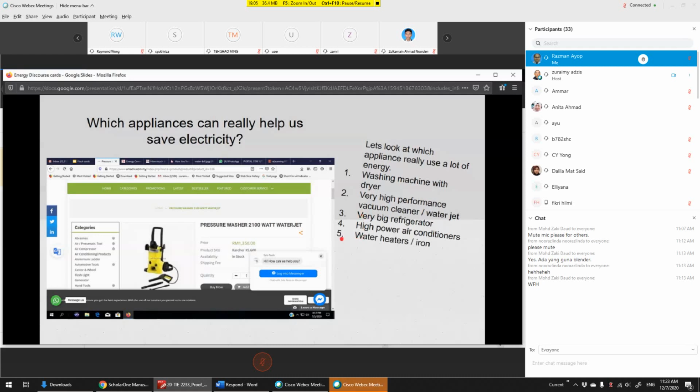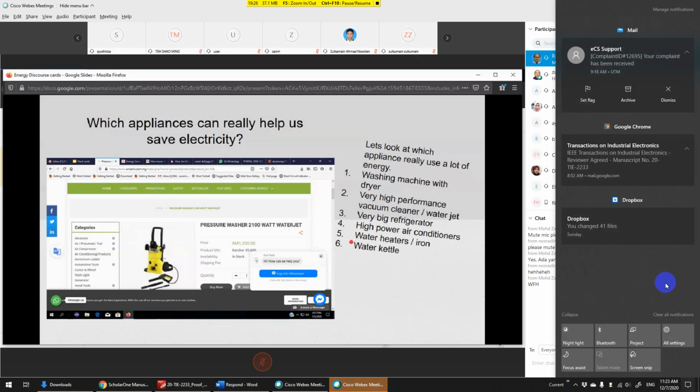Right, in our house we do have heating appliances, and heating up uses up a lot of electrical energy. Right, pemanas air kita mandi, itu semua guna banyak tenaga juga. Next, water kettle. The same case. Alright, banyak guna pemanasan, heating up.